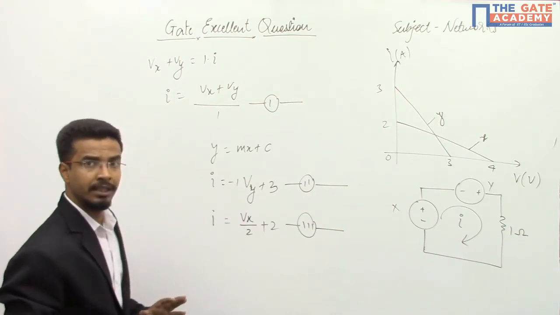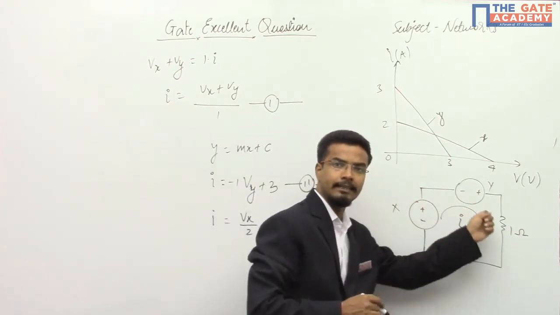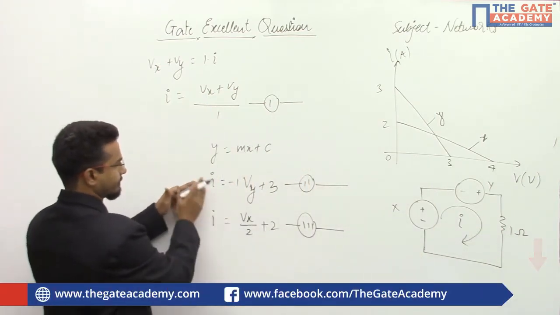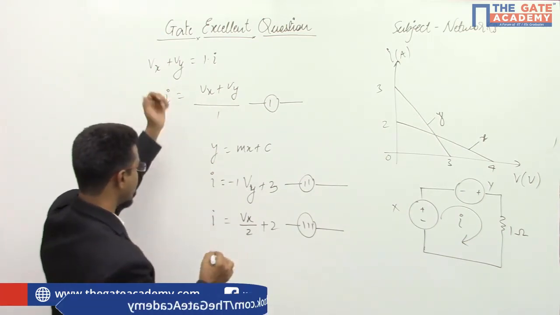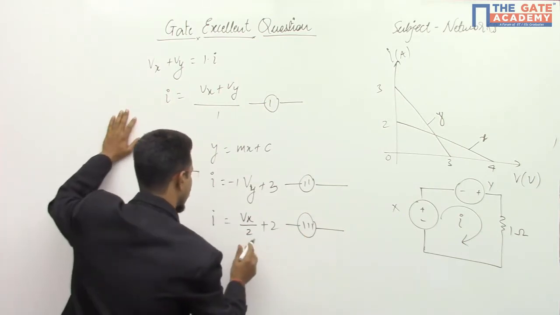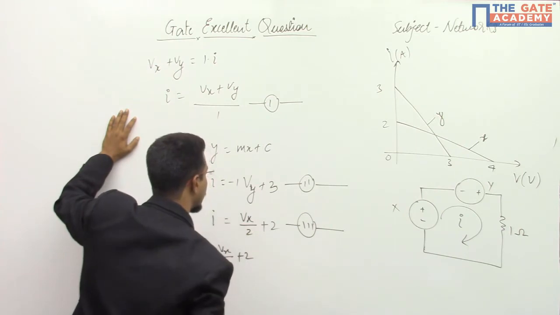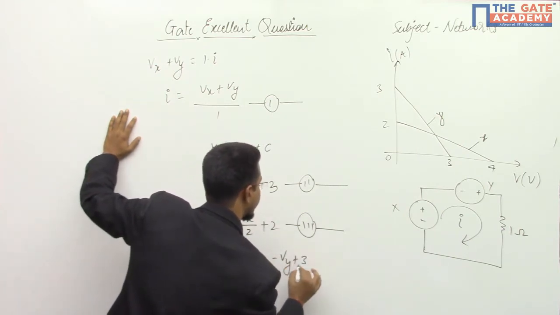Because I know that both act in series, so in series the current will be common. So you will get one relation from here: just put the values and the I's become equal. So you will get minus Vx by 2 plus 2 is equal to minus Vy plus 3.